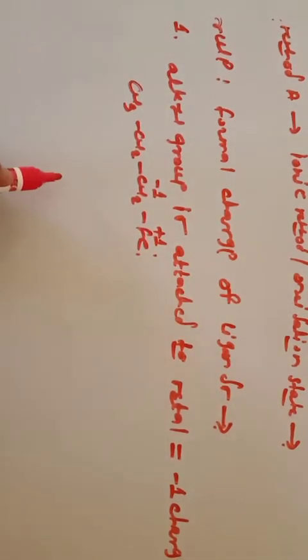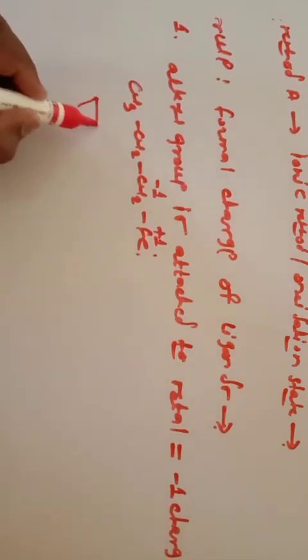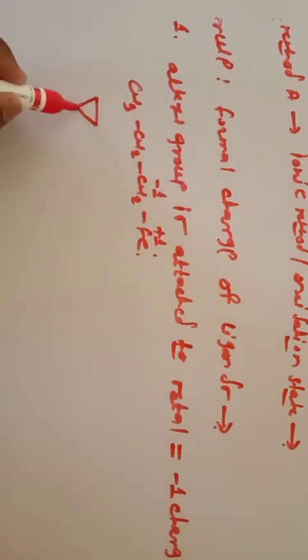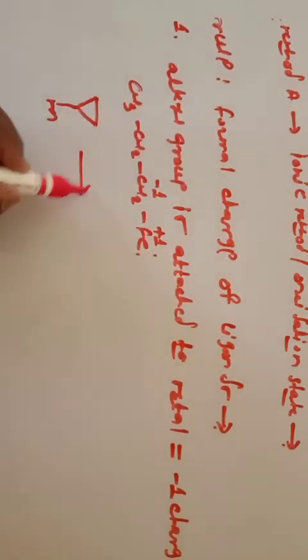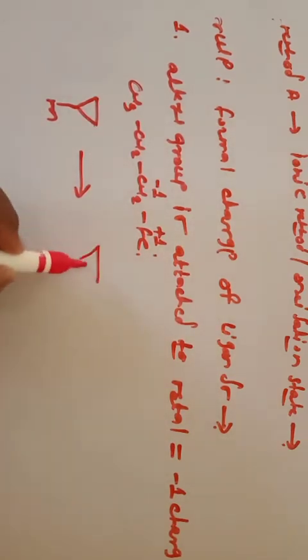Then if you consider a cyclic system where the metal atom is attached, and you find out the formal charge of this organic ligand, it is the same as we know that whenever a carbon is attached to the metal atom, it has a minus 1 charge. So minus 1 charge on this organic ligand, and the metal must have a plus charge.